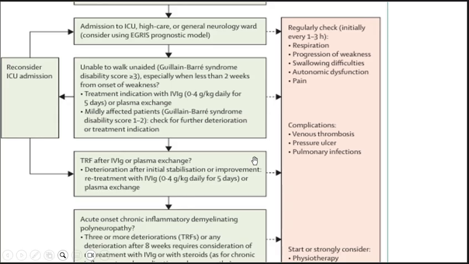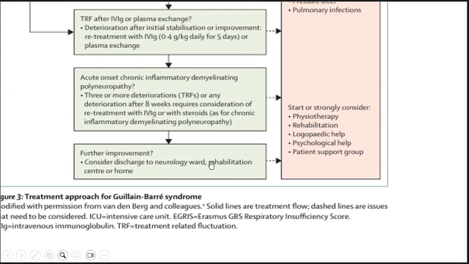Whenever we have started treatment with IV immunoglobulin or Plex, and the patient has reached a plateau phase or recovery, and then deteriorates again within 4 weeks, it is said to be treatment related failure. Whenever there is a treatment related fluctuation within 4 weeks, we can plan one more cycle of IV immunoglobulins or Plex.